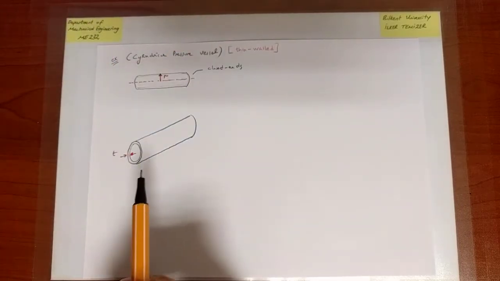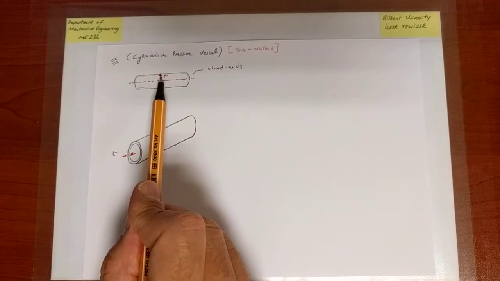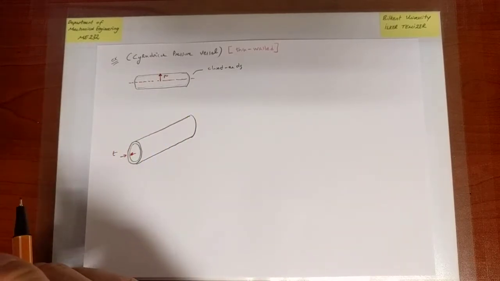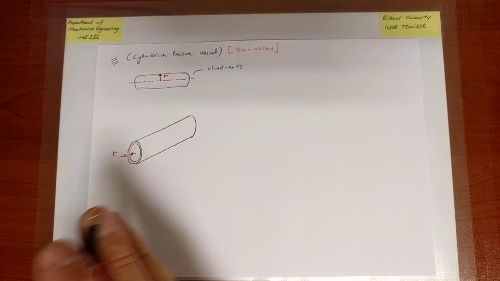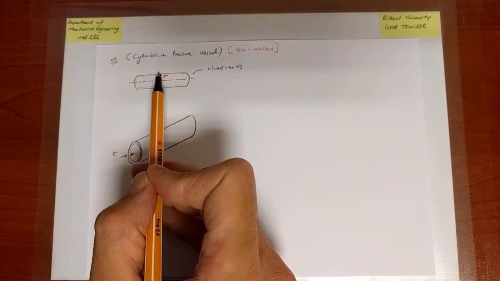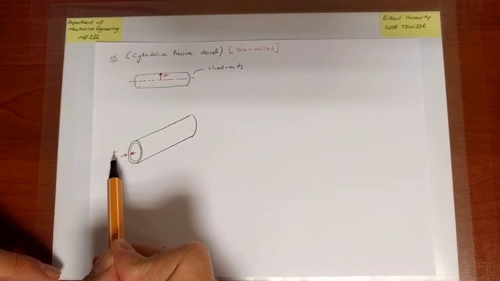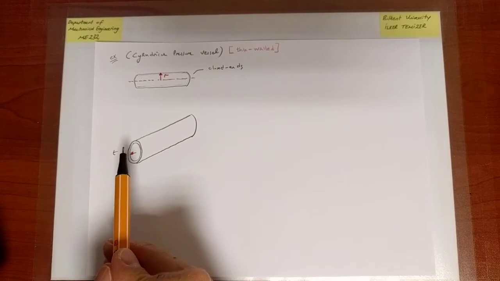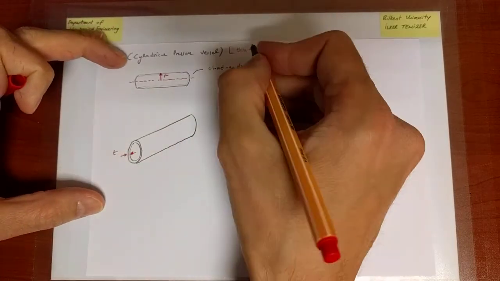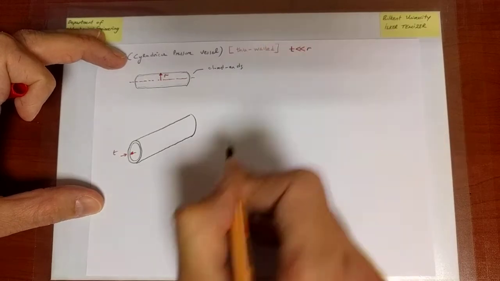R could be to the inner wall, to the outer wall, or to some point in between. For our practical analysis purposes, it will not make a difference. The difference in the values that you can alternatively take, like the inner radius, outer radius, etc., will all differ by values that are associated with this wall thickness. And thin-walled means that T is much, much less than R.